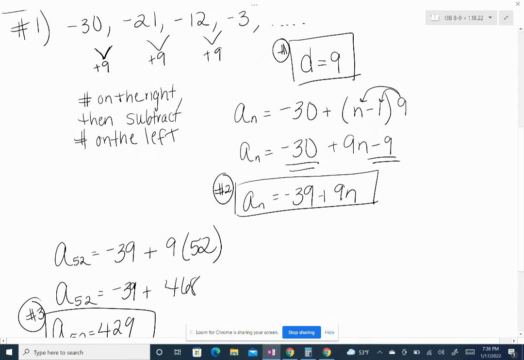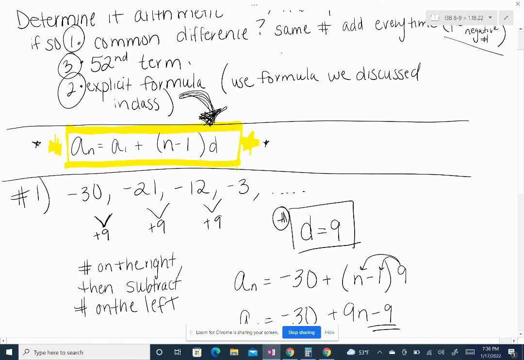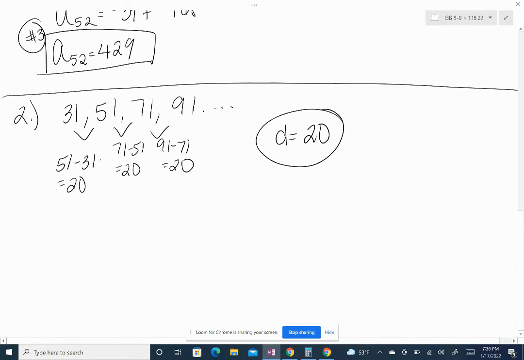Now we can go back to this formula right here. A of n equals A1, and our A1 is going to be our 31, plus n minus 1 times our D, which is 20. Okay, we're going to distribute that across.